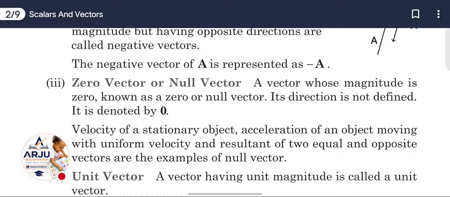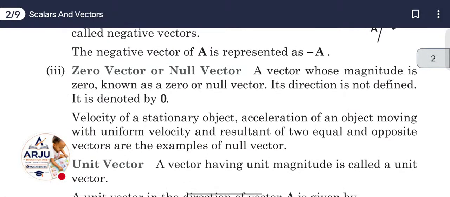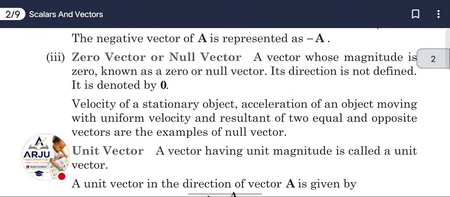Suppose we have a rope and two boys are applying force in opposite directions to each other, then these forces will add to each other and LHS equals RHS becomes 0, then we say that is a zero vector. Suppose F1 plus F2 equals 0, then that is called a zero vector.